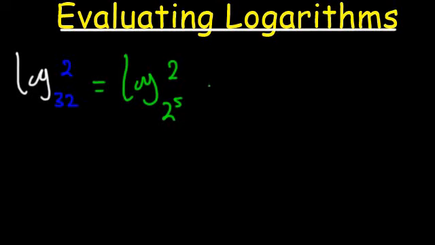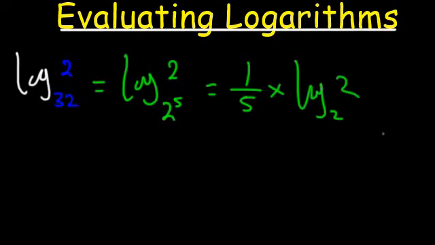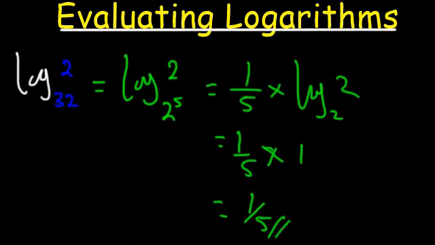So this simply equals 1 over 5 multiplied by log of 2 to the base of 2. And log of 2 to the base of 2 is 1. 1 over 5 times 1 is indeed equal to 1 over 5. And that is how to express a logarithm with a very bulky or concrete base, but a very light function or variable. Let's try to figure out more examples.